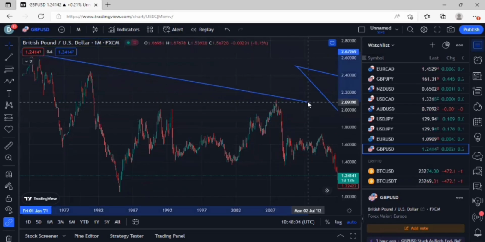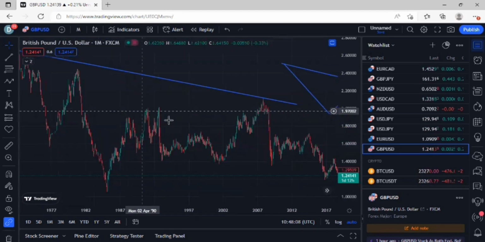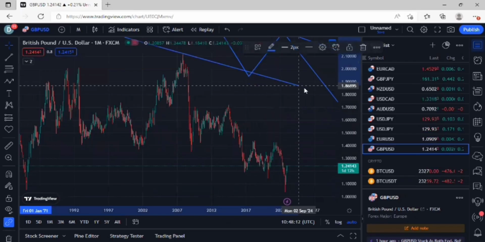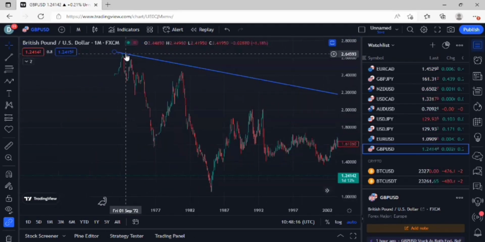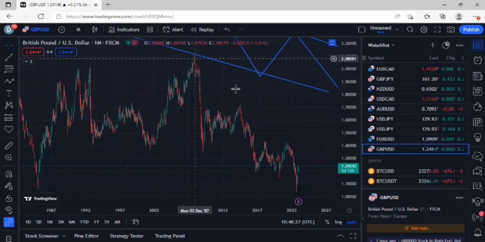So you pick the outermost candle or the wick of the candle. That is how you draw your trend line. So you pick all the possible highs that you can pick, the wick of the possible highs, in a downtrend like this. Now 1, so I'm able to pick another one, 2.